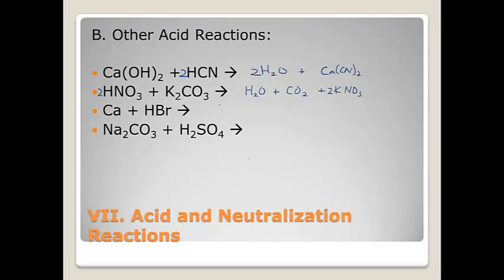For this one you should have gotten H2 plus CaBr2, and to balance this you need a 2 there. And for this one, CO2, H2O, and Na2SO4. And its balance is written.